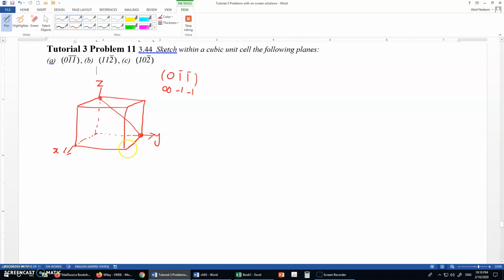The other edge of the plane will be here, because in this way this plane will be parallel to the x-axis. So this will be the plane.